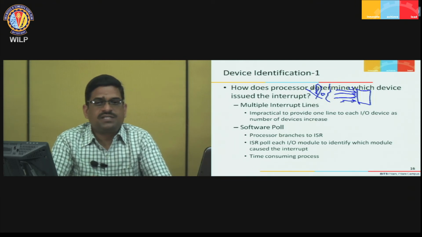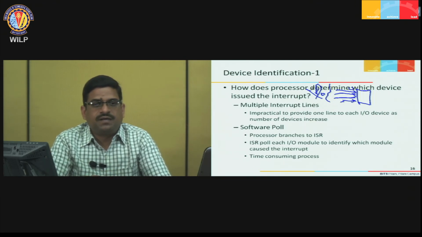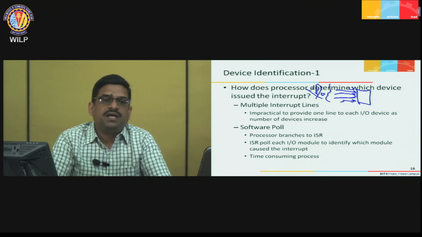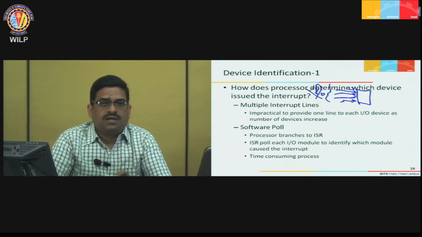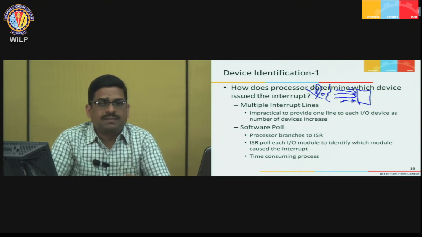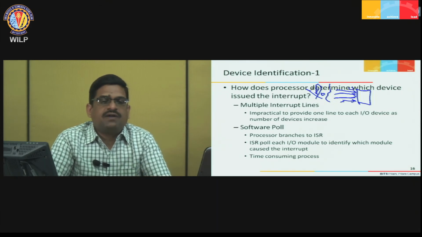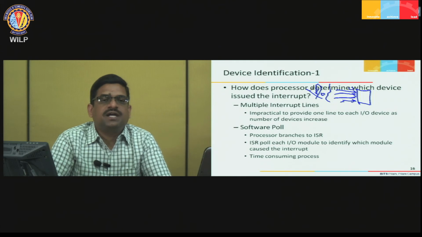One by one it will check, and the device which generated the interrupt will indicate via providing a word, a unique identifier for that device, on the address lines. Through some acknowledge it will indicate, okay, I have initiated this interrupt signal.